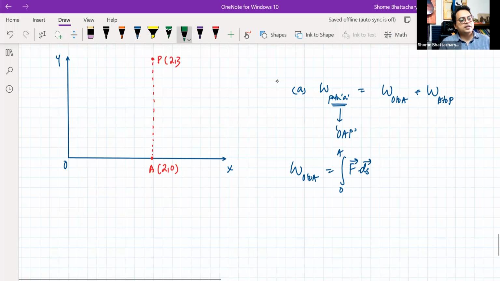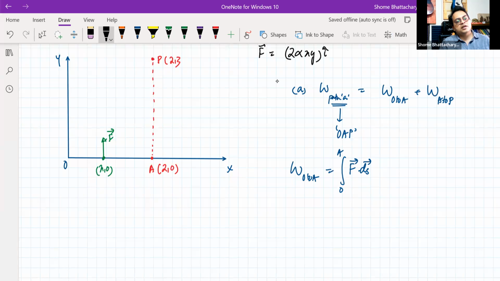Now when I'm at any point between O and A, at a point like this, what about the force acting? In general the force was 2 alpha xy i cap plus alpha x square j cap.